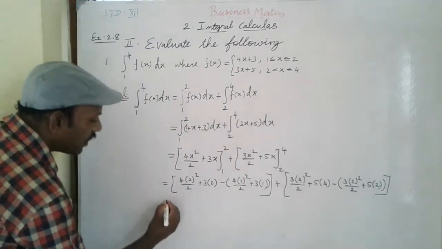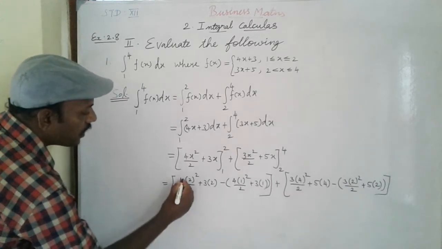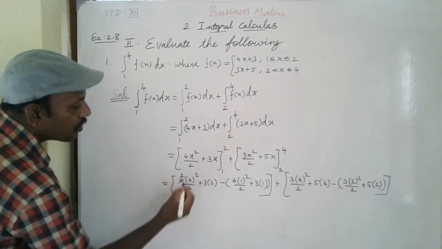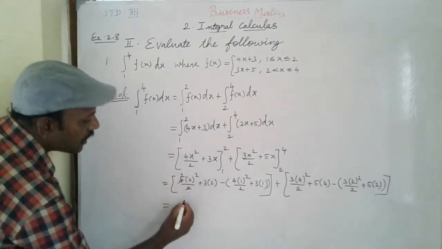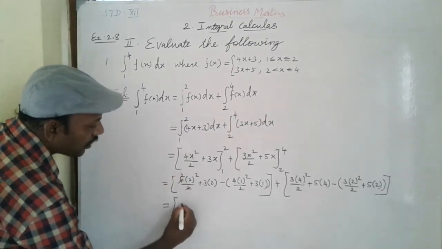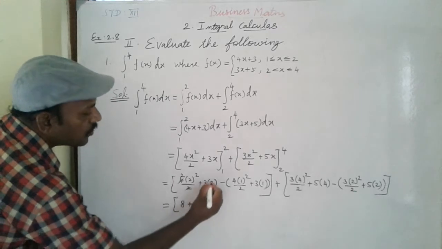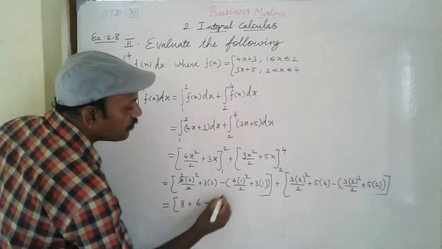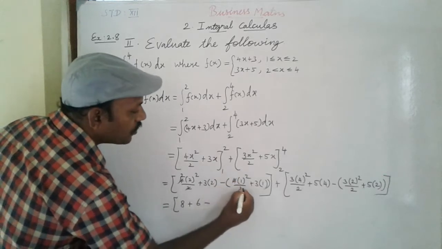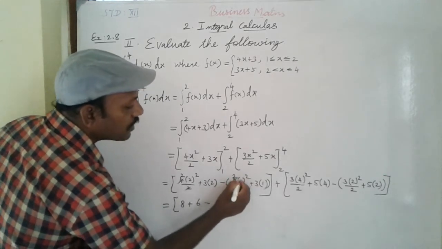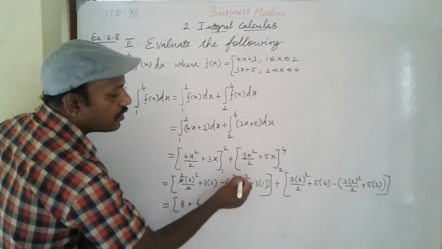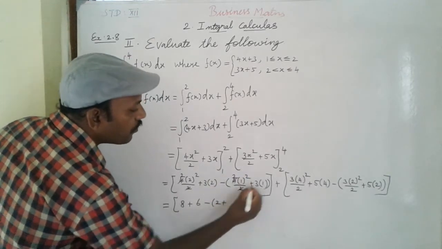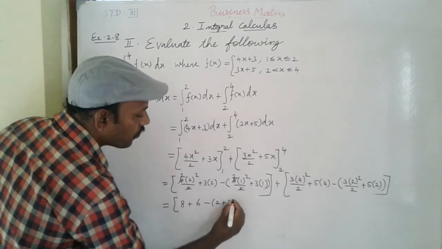So now simplify. 2 and 4 are cancelled 2 times. So 2 into 2 square is 4, 2 4s are 8, 8 plus 3 2s are 6, minus. 4 and 2 are cancelled 2 times, 2 into 1 square is 1, 1 into 2 is 2, plus 3 ones are 3.